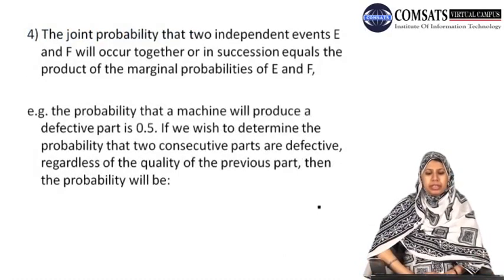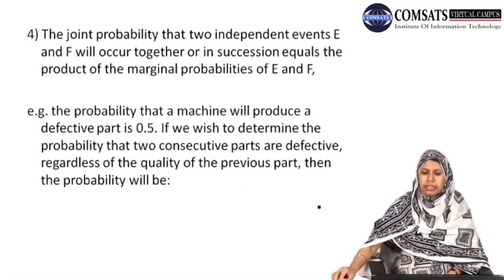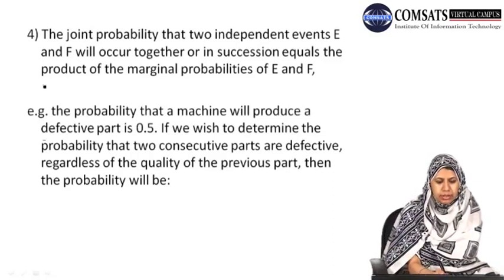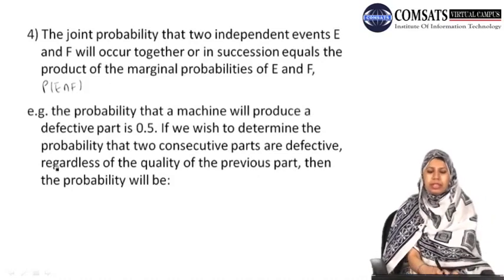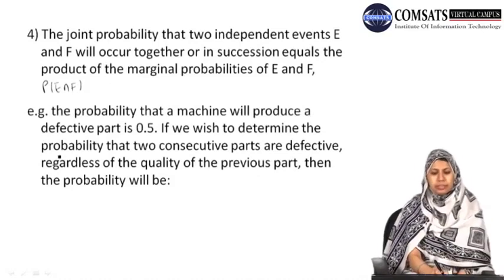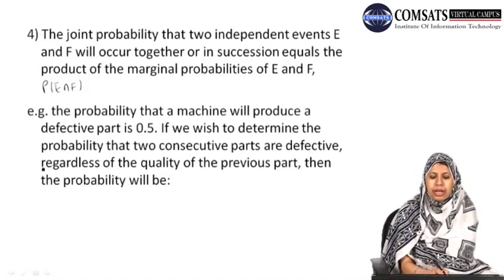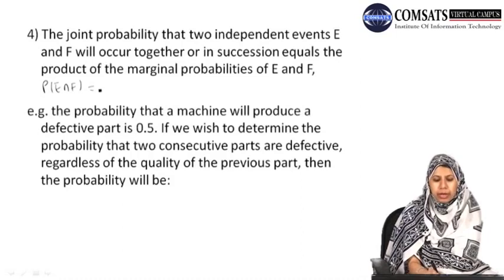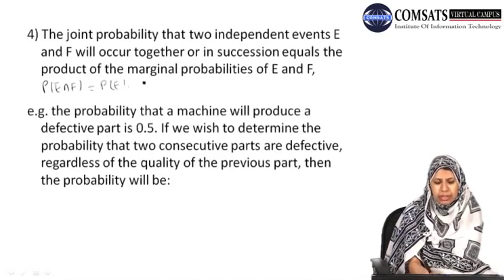The joint probability that two independent events E and F will occur together or in succession equals the product of the marginal probabilities of the events E and F.